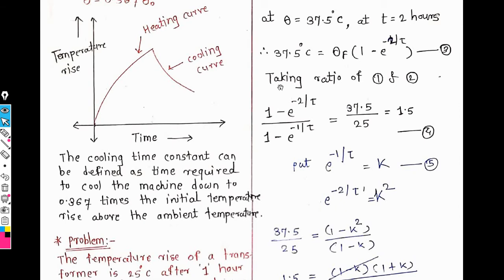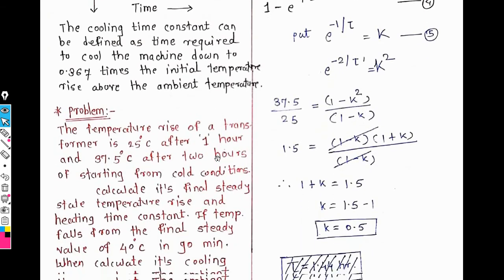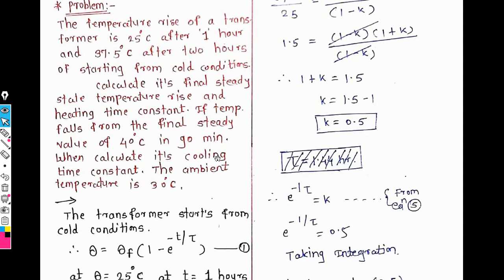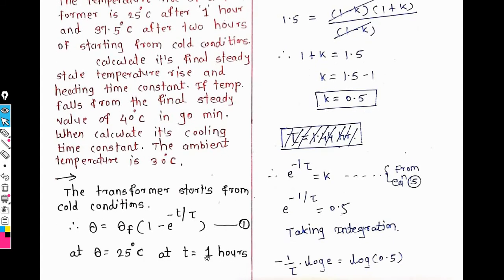Okay, now in this equation we put t equal to 1 hour and temperature theta is 25 degrees Celsius.